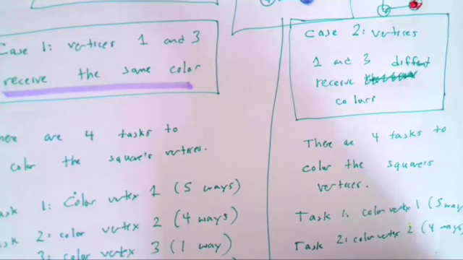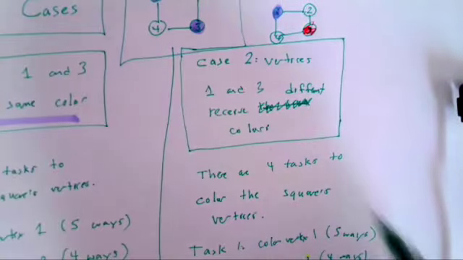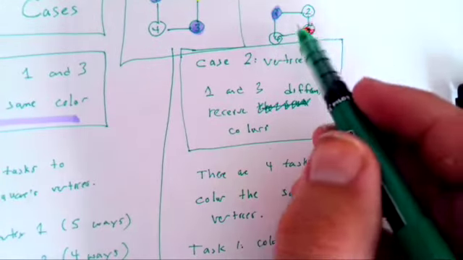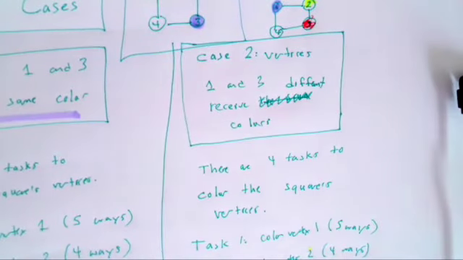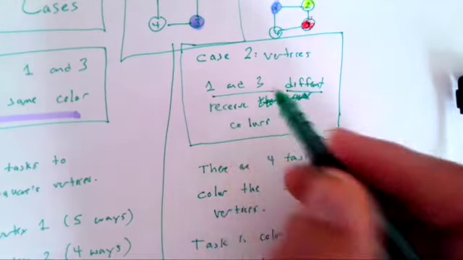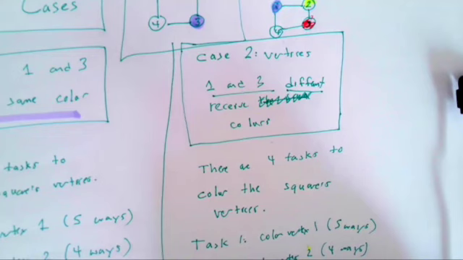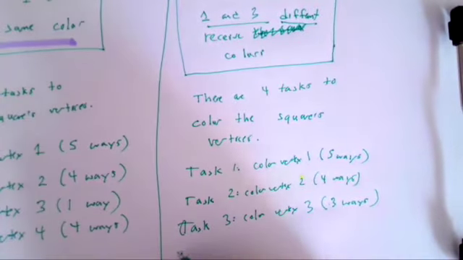Task 3 is to color vertex 3. Now notice, I cannot reuse what I used for 2, but I also cannot reuse what I used for 1, because 1 and 3 are different colors. So there are only 3 ways to color vertex 3.